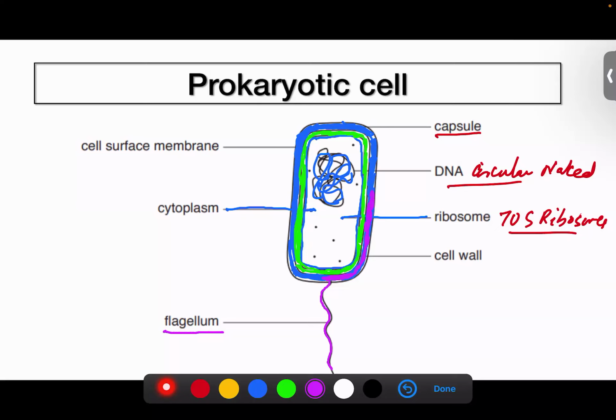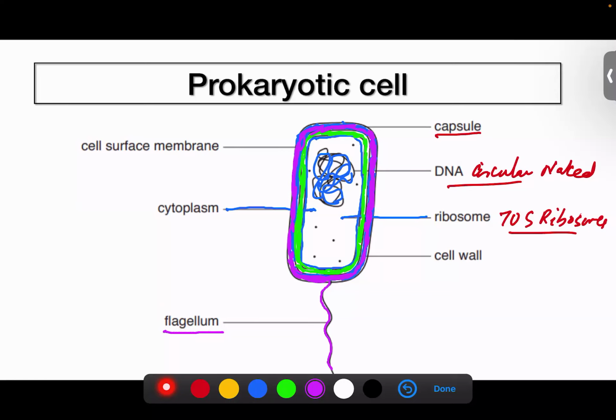Slime capsule is not found in all bacteria. So it is not a characteristic feature of all bacteria, right? So I have colored it differently. So these purple structures are not always present in bacteria.